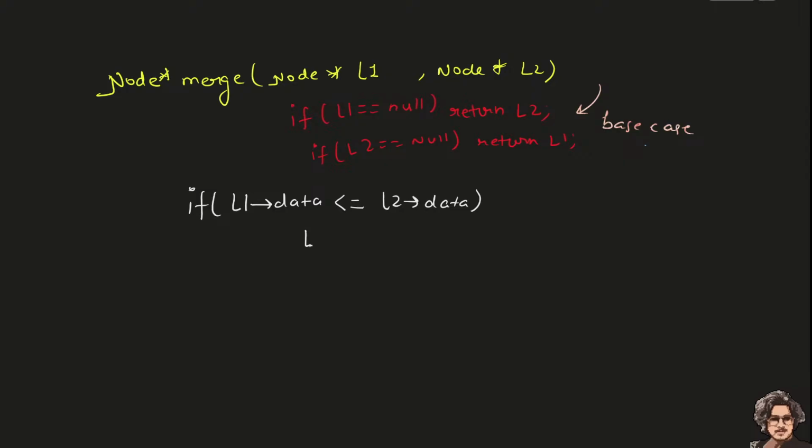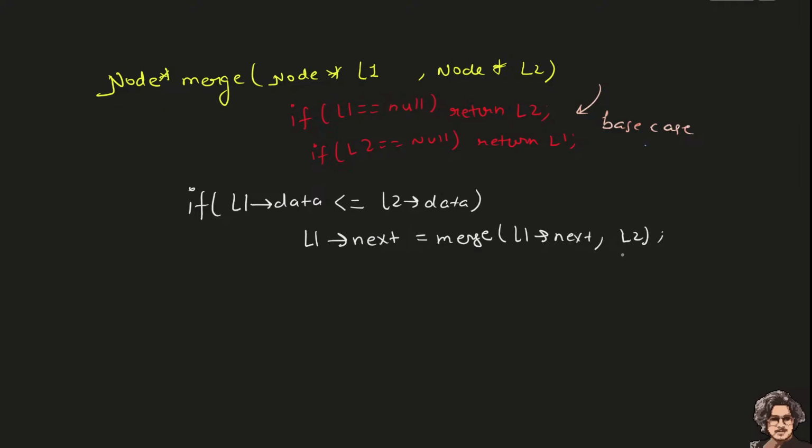So L1 dot next is equal to merge, and just like that we are calling the same function merge. In that case we are initializing the L1 dot next, and this L2 remains same.